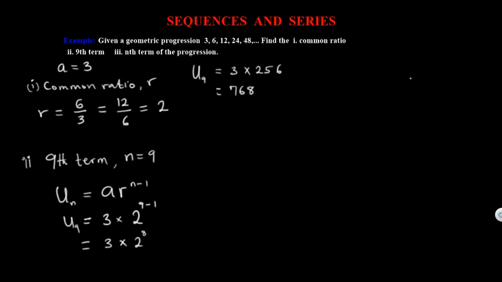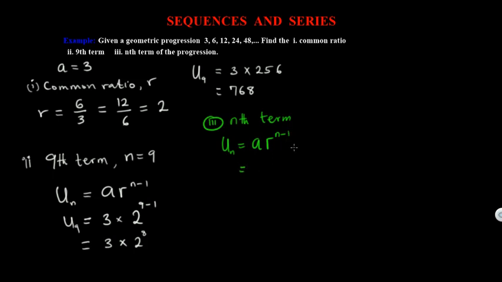And lastly, we are to find the nth term, which is the general formula that can be used to solve for any term at all. The nth term. Remember, the nth term of a GP is equal to the first term multiplied by the common ratio raised to the power of n minus 1.